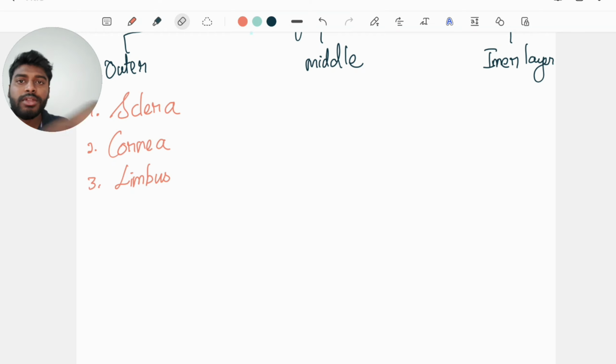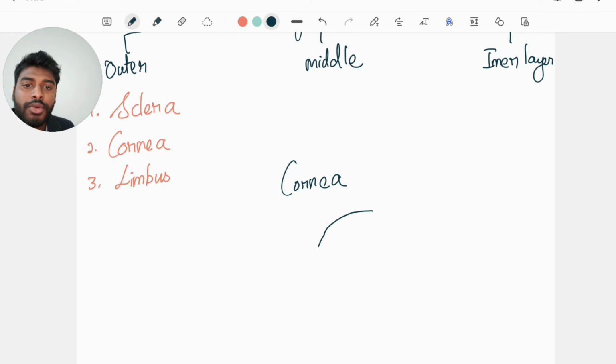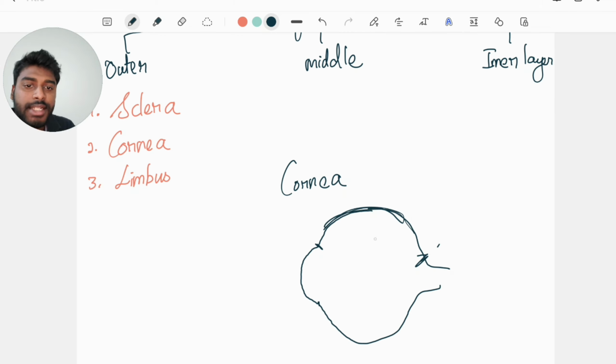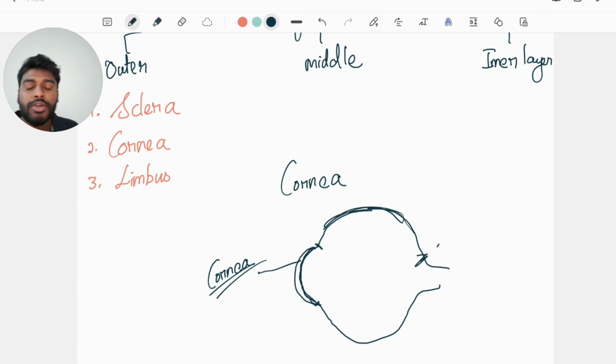Okay, the second one, now we will move on to the cornea. What is the cornea? If we see the eye like this, from this part to this, the whitish color is called the sclera, and this outermost layer is called the cornea.